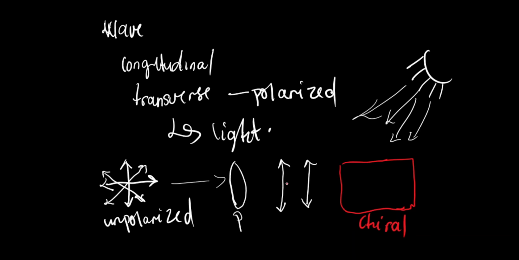So at the end of the day, when this light passes through the chiral molecule, it may emanate in an orientation that looks somewhat like this. That is optical activity, put very simply. Chiral molecules are able to change the plane of this plane polarized light.